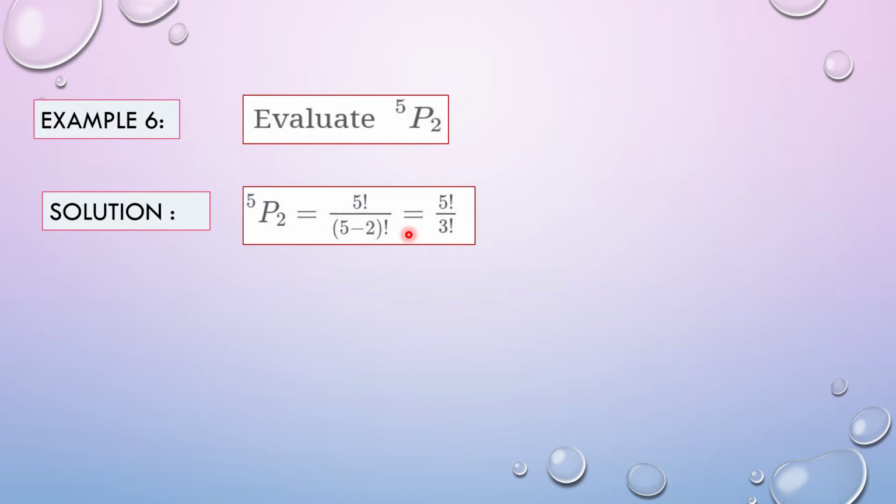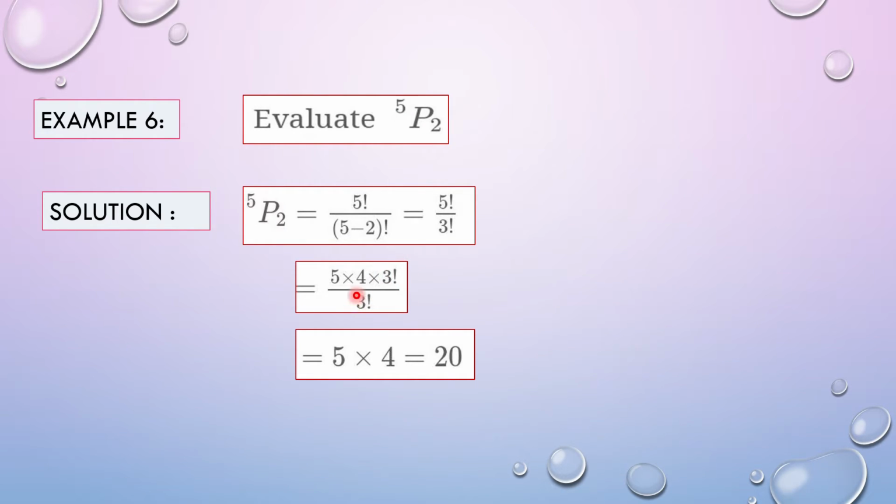Simplify 5 minus 2, so it is 3 factorial. Expand the 5 factorial as 5 times 4 times 3 factorial, stop there, over 3 factorial. So the 3 factorials can be cancelled. So the final answer is 5 times 4 equals 20.